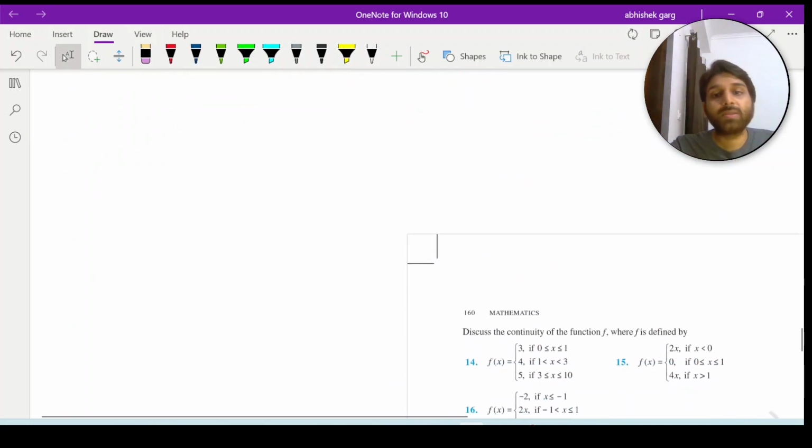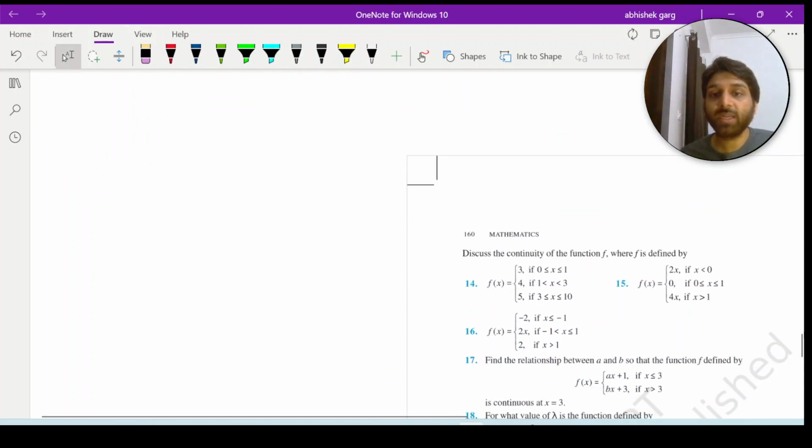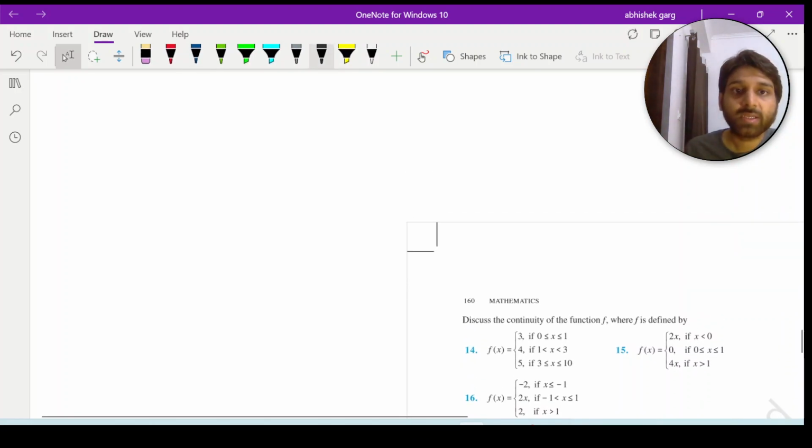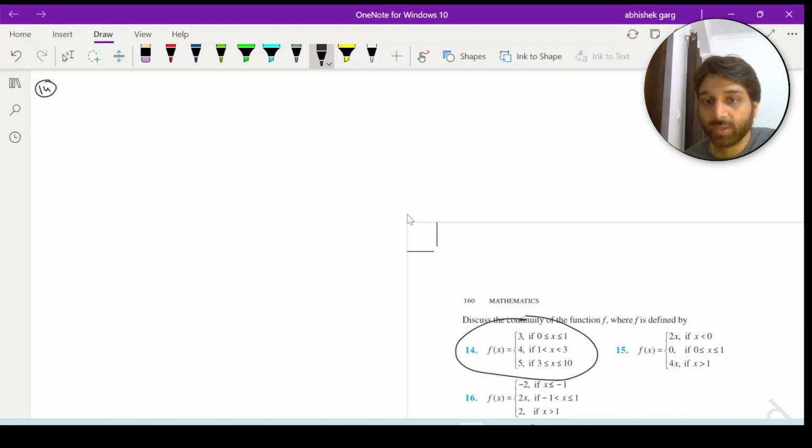All right, so that is question number 13. Now let us look at question number 14. Most of these questions are on similar lines. So at which points can you see that the function is changing its behavior? As you can see here, this is applicable when x lies between 0 and 1, and this is applicable when x lies between 1 and 3.